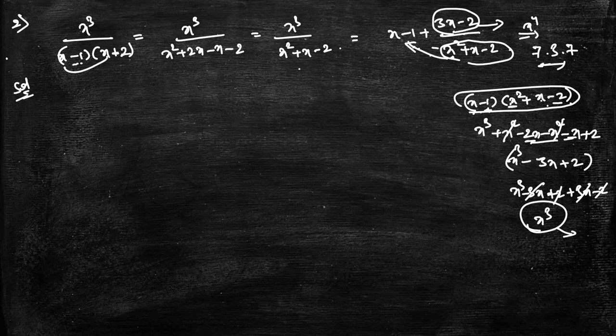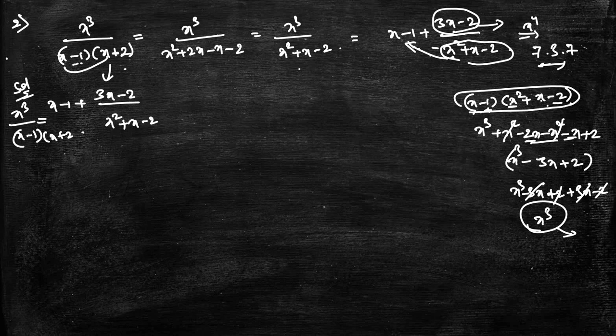Now what we have got here is this equation: x minus 1 plus 3x minus 2 divided by x square plus x minus 2, and this total is equal to x cube divided by x minus 1 into x plus 2.